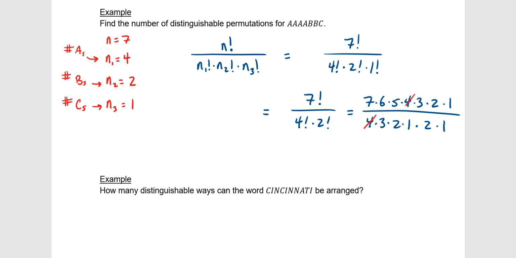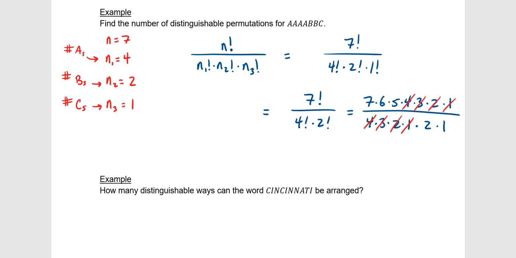So it's 4 over 4, 3 over 3, 2 over 2, 1 over 1. Those completely cancel. We can cancel the 2 that's left over using the 6. 6 divided by 2 is 3. Or we can just multiply the numerator and divide by 2 times 1, which is 2.